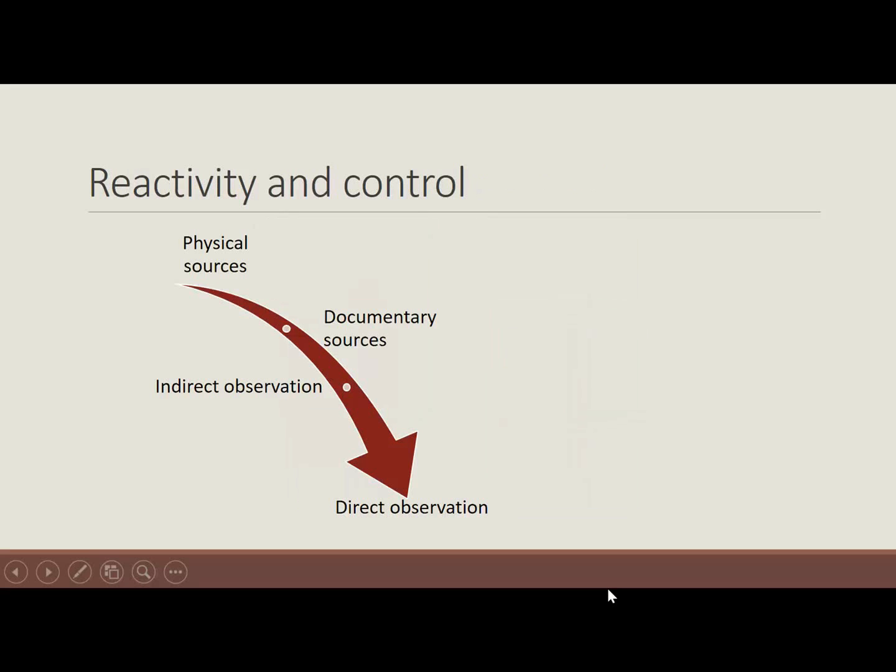If I follow Earl Babbie, why would we consider these? Because you get the feeling that you're sort of one step removed from what you really want to study. But why would you like to be one step removed? To lower your reactivity. The ultimate aim of social research is to get to a valid, reliable representation of what is going on in the social world.